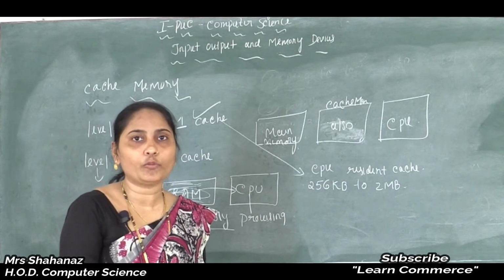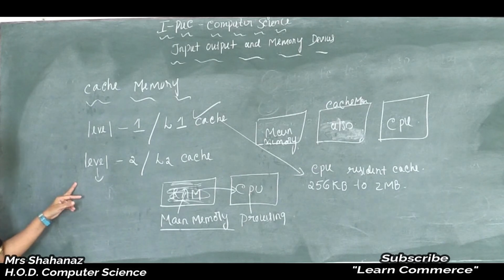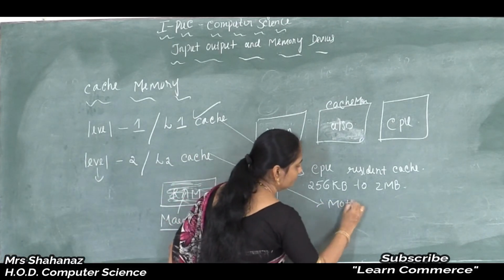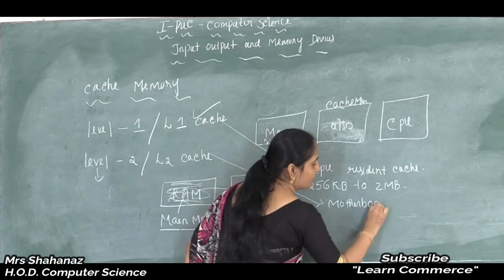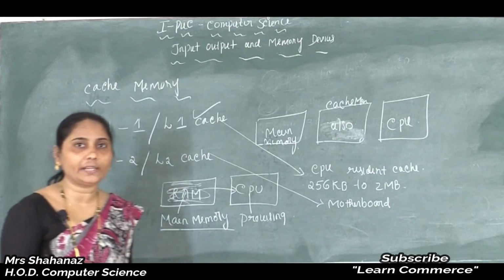L2 cache, full form level 2 cache, and the level 2 is located on the board. Such L2 cache memory is located on the motherboard.